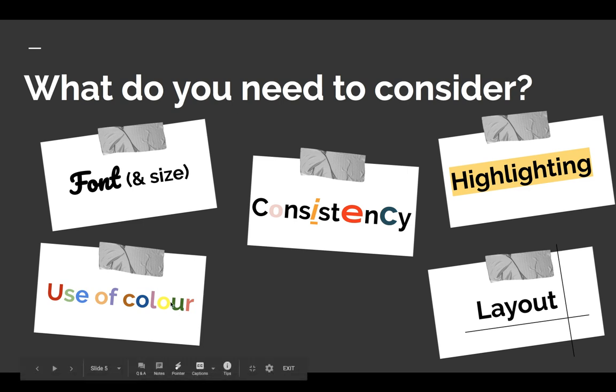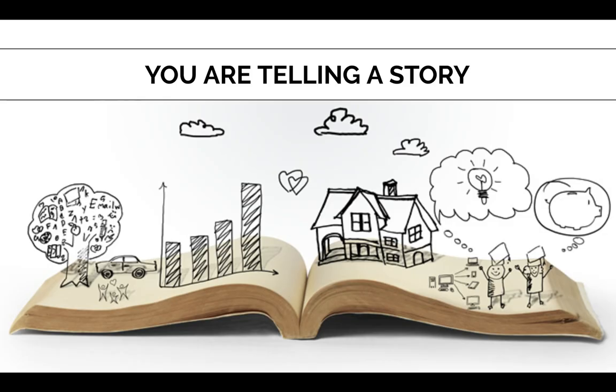But do use colour to help emphasise, to show different sections, to show key information that is important. And then consider the layout, not only keeping it consistent, but making sure that you make titles clear and you make sure that the photos are well laid out and you can see them and you can see all the information you're putting in there, and it's structured in a logical way as well.